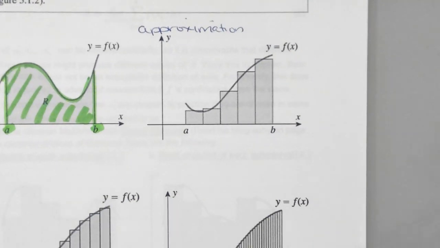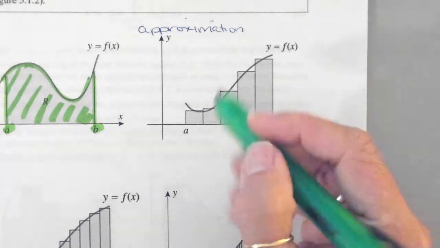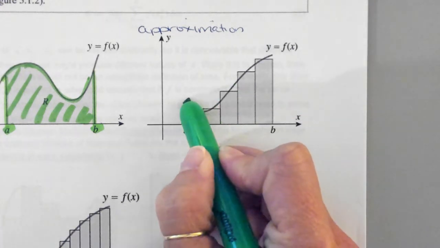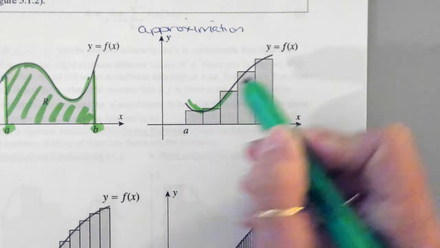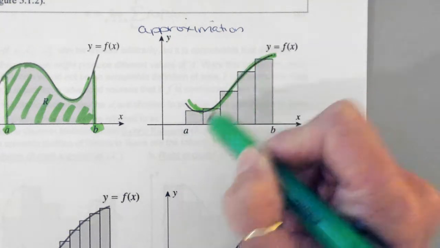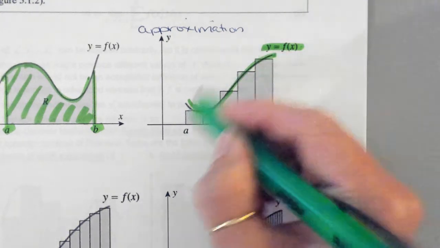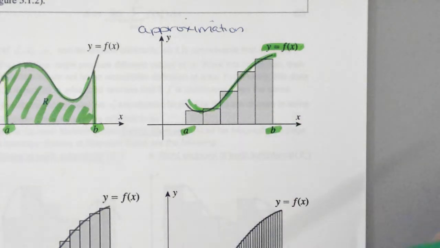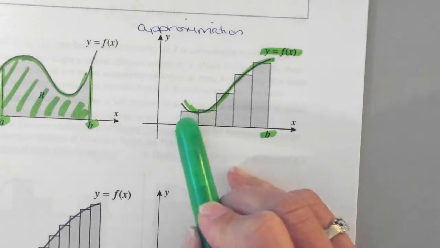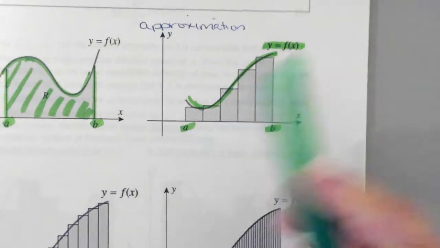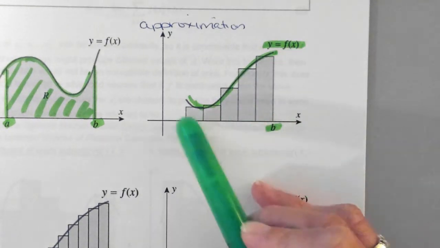So if you notice here, we still have a curve. But what we're doing is we are looking at this area that's underneath this curve of f of x from A to B, but now we're using these rectangles. And what do you notice about the rectangles, or the area of these rectangles, and then the area that would be underneath the curve from A to B?